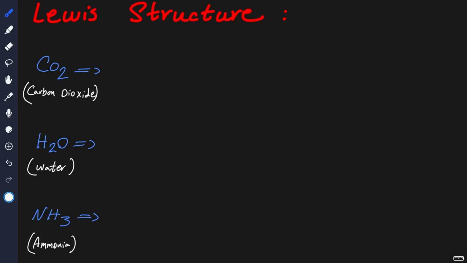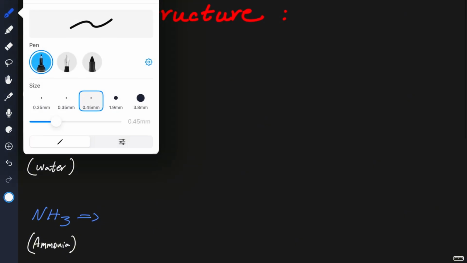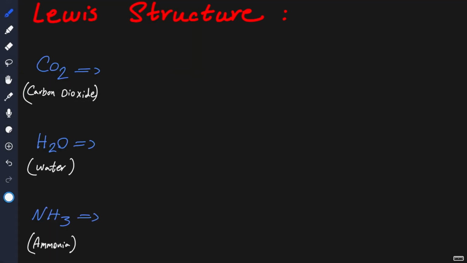Now we can draw the Lewis structure of these compounds. First of all, carbon dioxide or CO₂. What is the central atom, you say? Think. So, C. Is it true? Yes. C is the central atom.